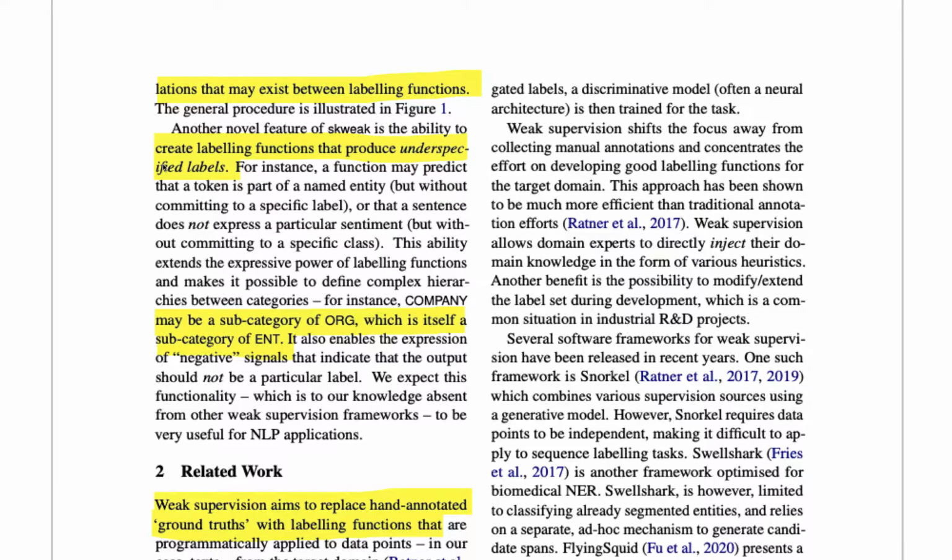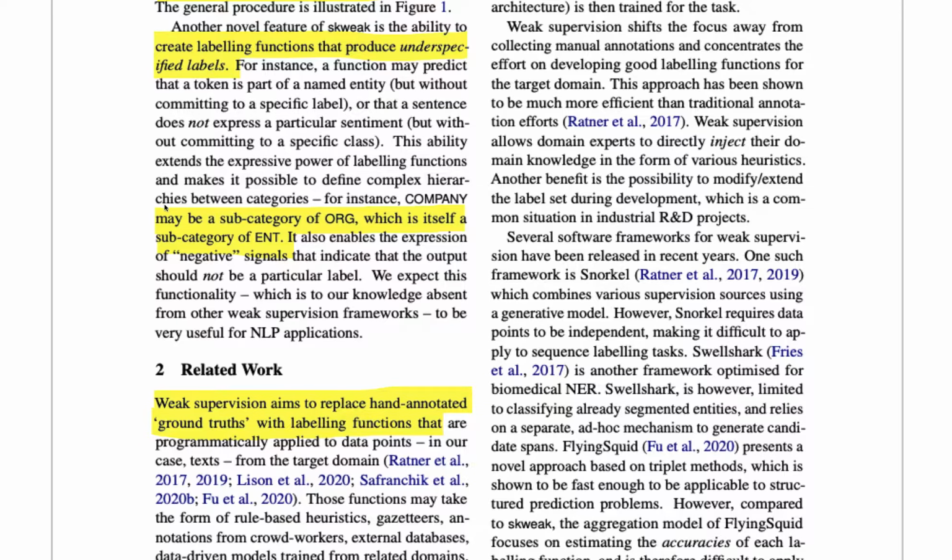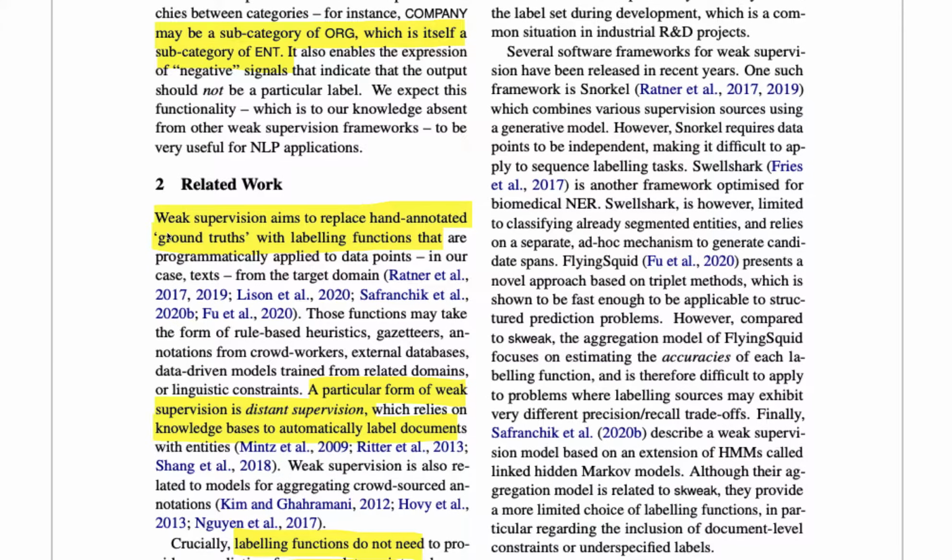Weak supervision is not a new idea. It is an ongoing idea which has been used in multiple papers. The idea is that you are using ground truth or some sort of knowledge base to generate your labeling functions.